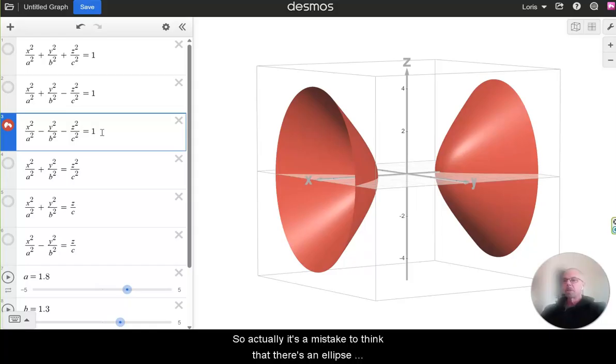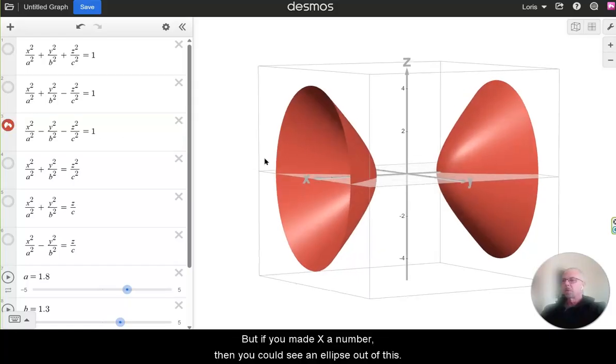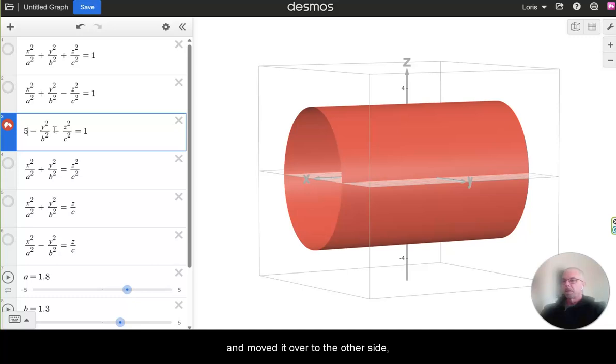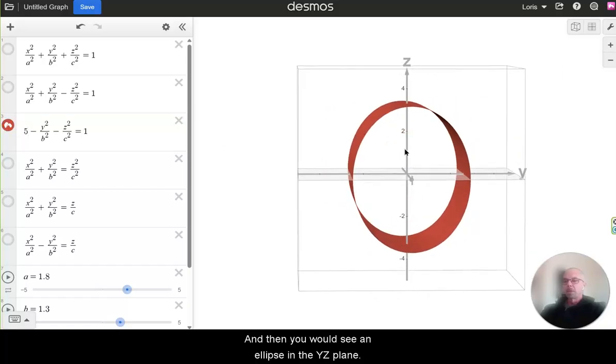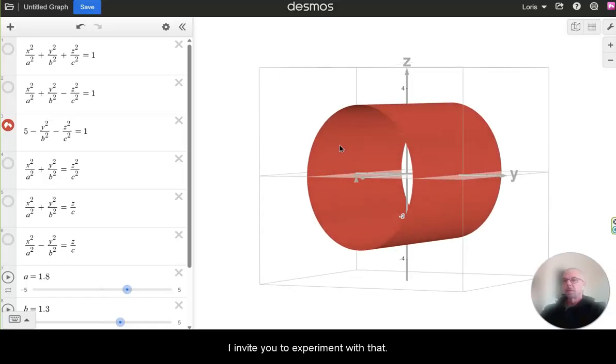So actually it's a mistake to think that there's an ellipse when x is 0, but if you made x a number, then you could see an ellipse out of this. For example, if you replace this with like 5 and moved it over to the other side, it would be -4, and then you would see an ellipse in the YZ plane. I invite you to experiment with that.